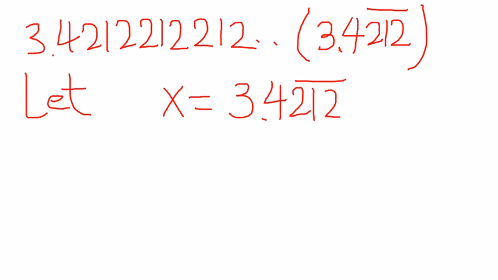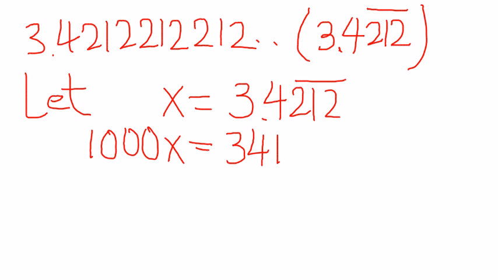So now you have to multiply x by some number so that after the subtraction of this number with x, the repeating pattern can be cancelled out. So now my choice is 1000x. In that case, the right side becomes 3421.2, and then the repeating pattern now is 212.